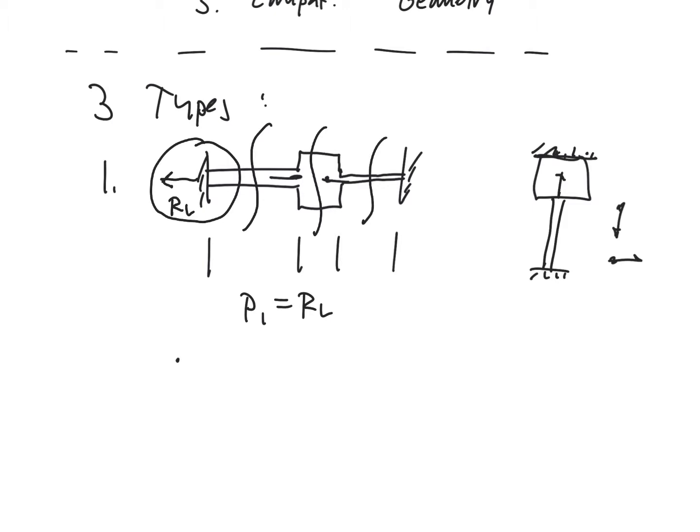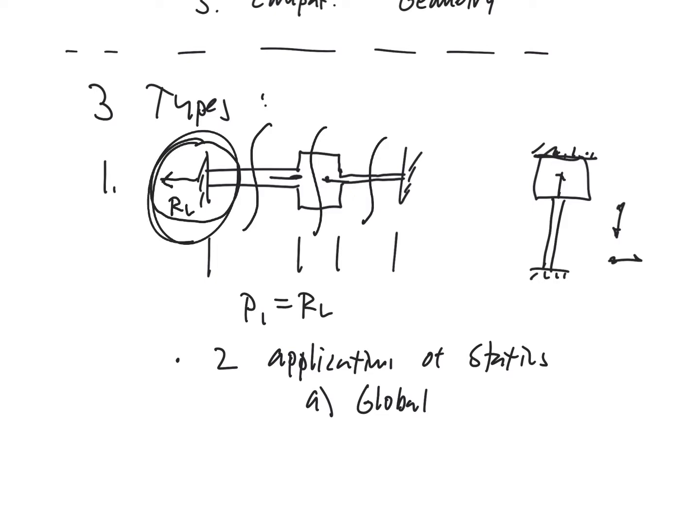Let's make some bullets. First off, there are two applications of statics. The first type is the global statement of equilibrium, because not only do you have R at the left-hand end, you've got the reaction at the right-hand end as well.